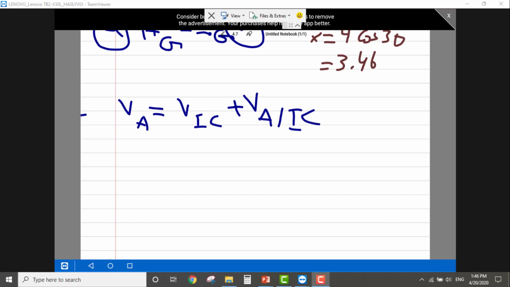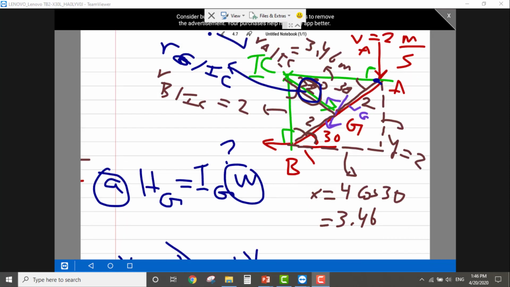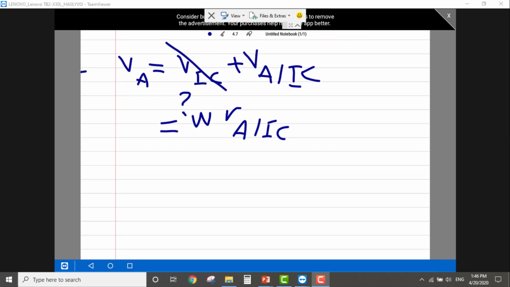You know that the velocity of IC is 0, and this is equal to omega multiplied by R A with respect to IC. R A with respect to IC we found, which is 3.46, and velocity A is given.